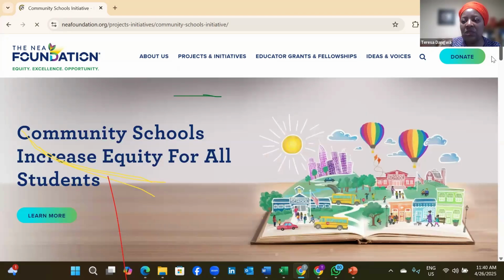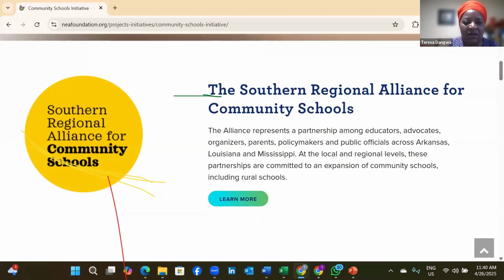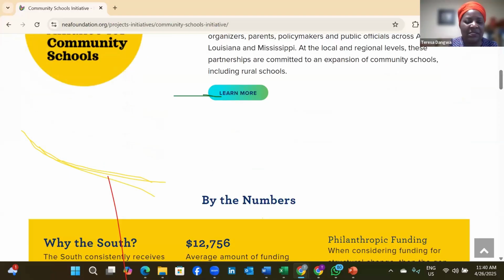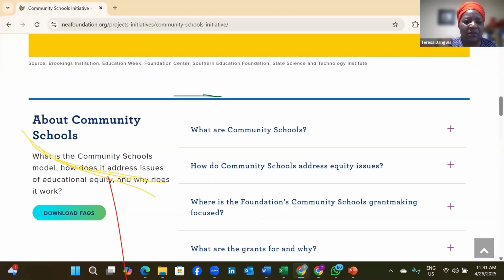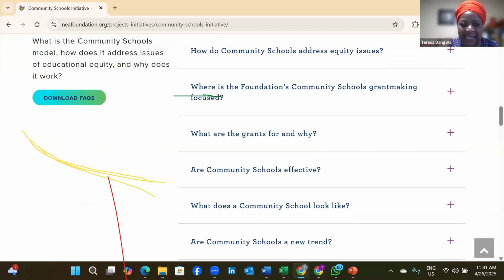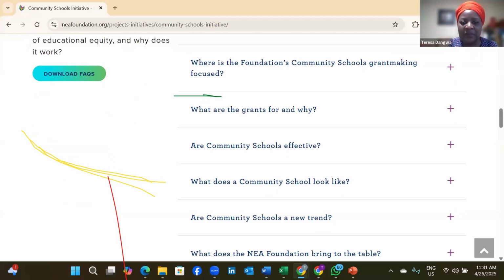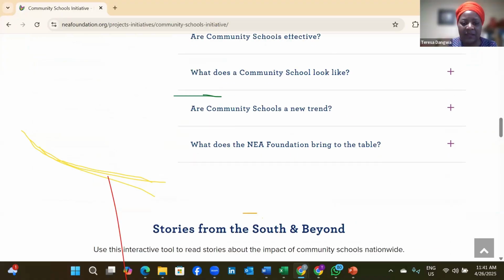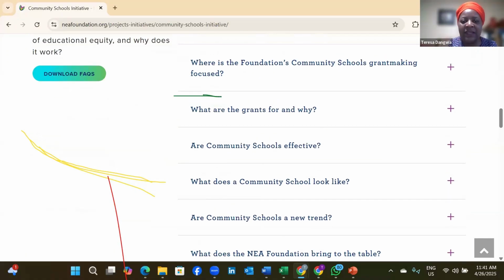With the Community Schools Initiative, it tells you who they are, what they are all about, what they have done so far, and what the money is being used for. I want us to focus on the eligibility criteria. What are the grants for?